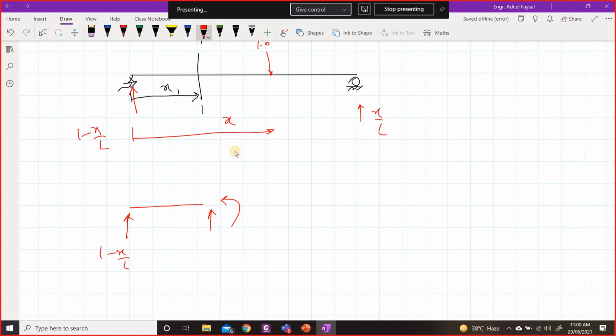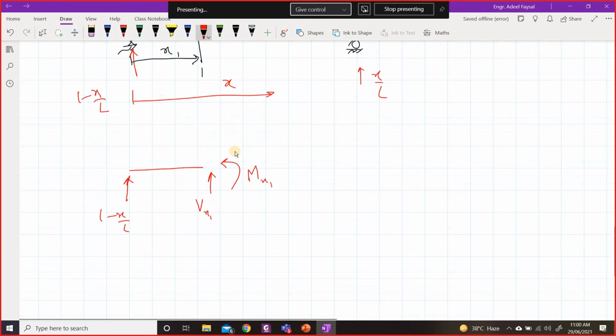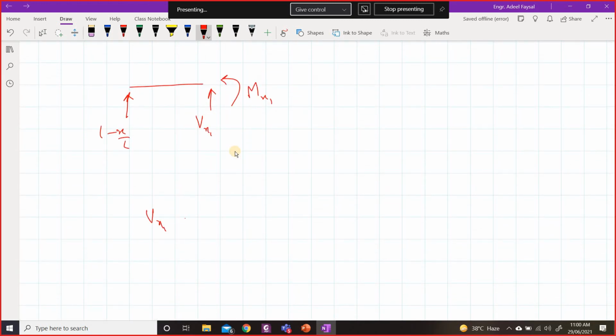So in this case you can again see that Vx1 would be equal to minus 1 plus x over L, and Mx1 would be equal to 1 minus x over L times x1.